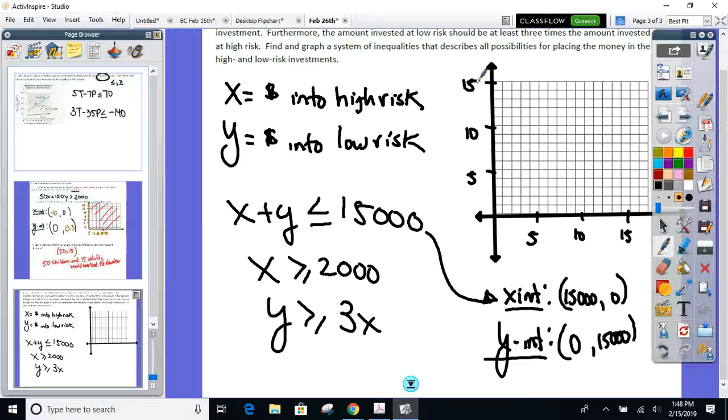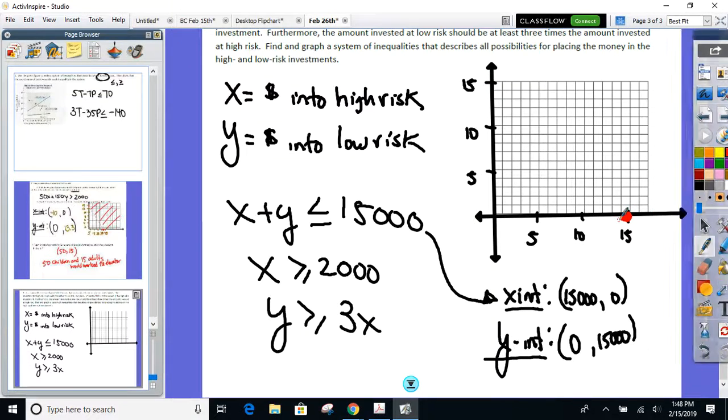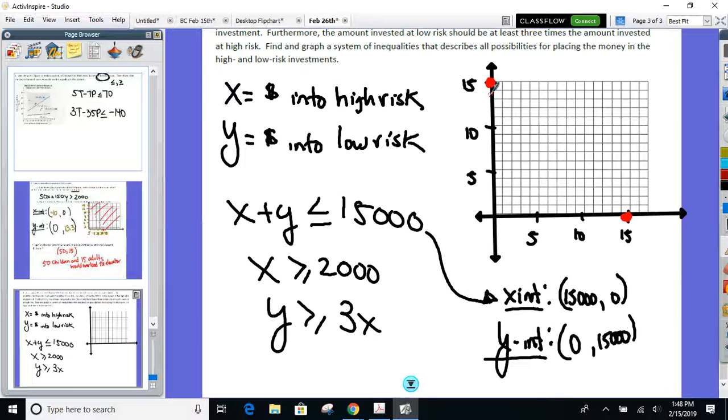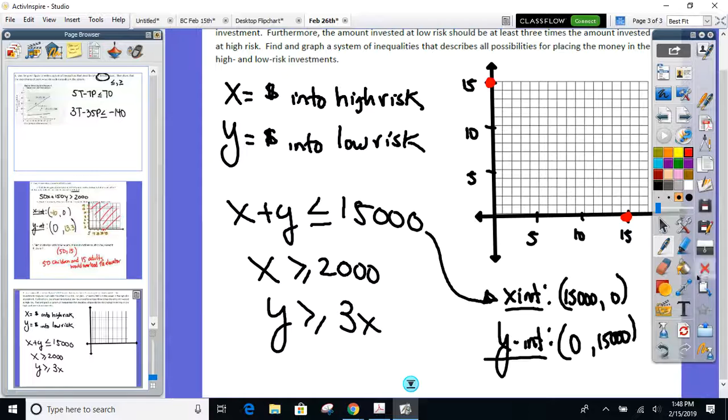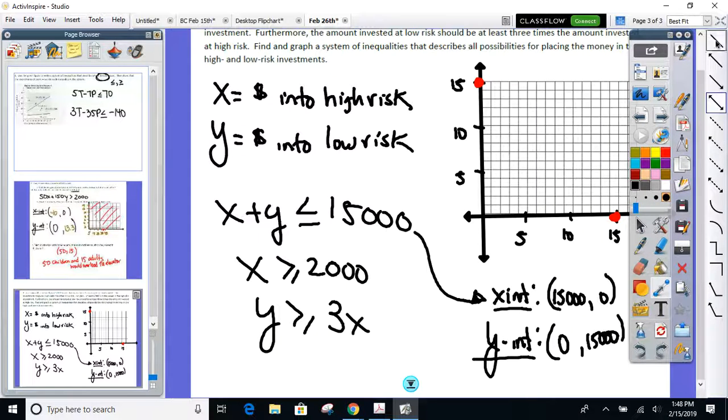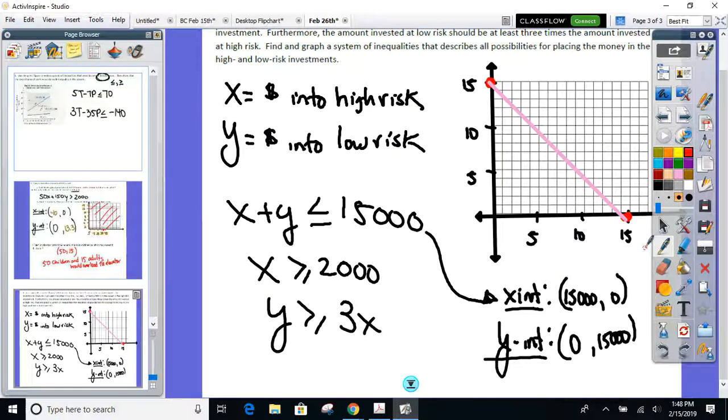Solid or dash for this one? Solid, yep, for equal to, solid. Hold off on those colored pencils because you're going to have to shade 3 times. That's going to be a mess.